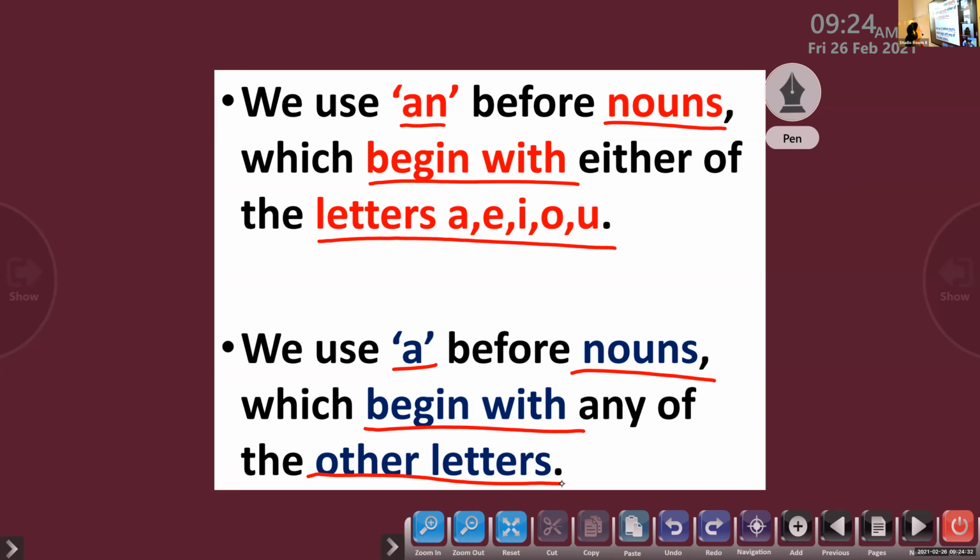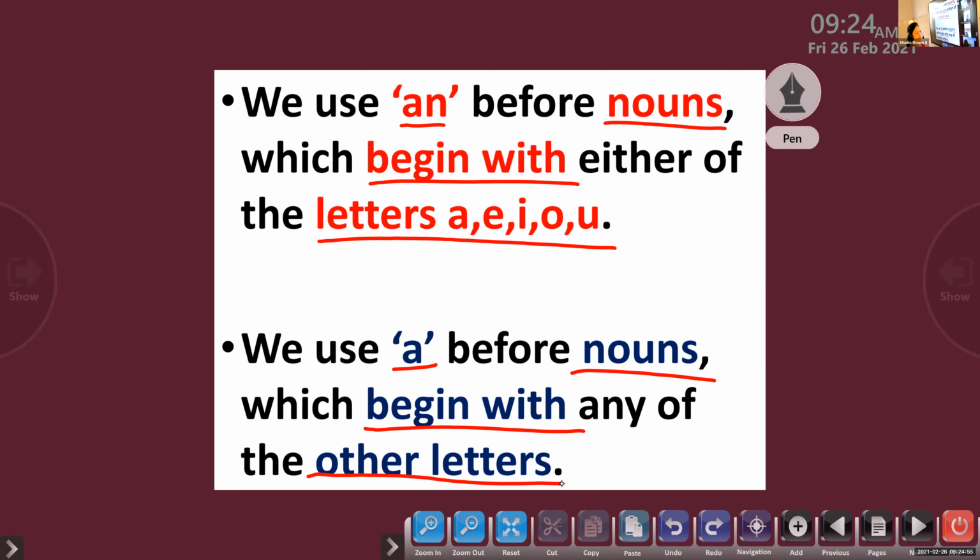So what do we use before nouns that begin with vowels? A or an? An, yes. We use an before nouns that begin with the vowels.